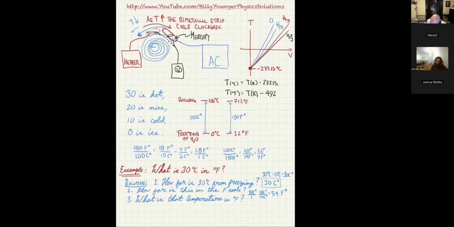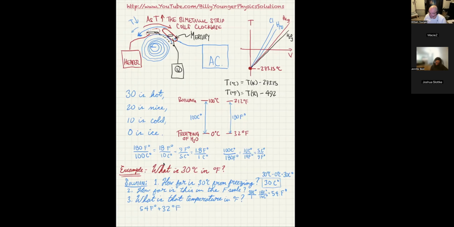So again, I'm making use, even though I didn't write it down, of the fact that I know I was above freezing. So I'm going to go 54 Fahrenheit degrees above freezing in the Fahrenheit scale. So that means I'm going to take 54 Fahrenheit degrees and add to it 32 degrees Fahrenheit.